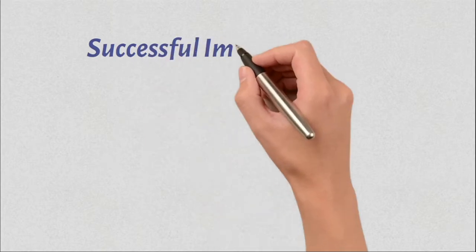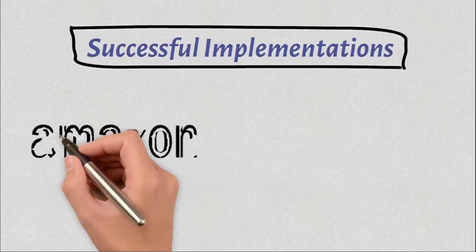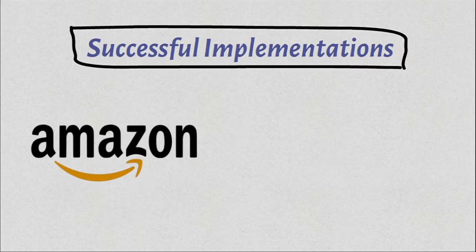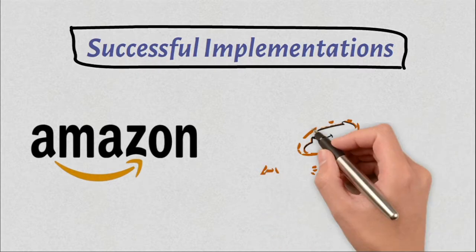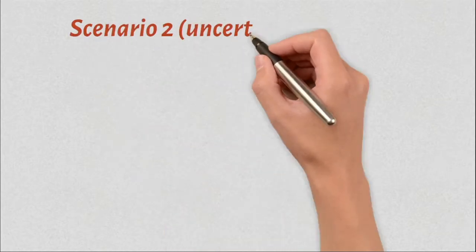Now let's look at the next scenario in this context. This shows a successful implementation of the above model, and these companies, Amazon and Alibaba, have both removed uncertainty, as they have directly created a link with the customer by removing the uncertainty.